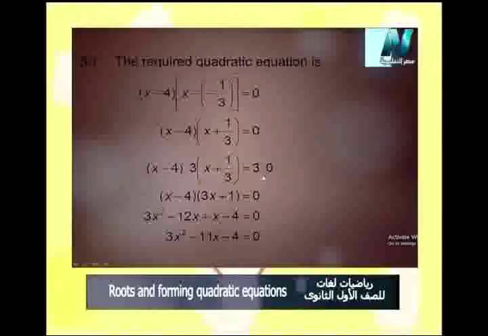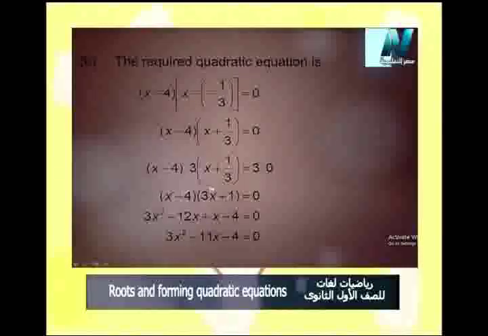If we multiply both sides by 3, here will be 3x, and 3 multiplied by 1 over 3 equals 1, and 3 multiplied by 0 equals 0. So we have the simplest form of this bracket.